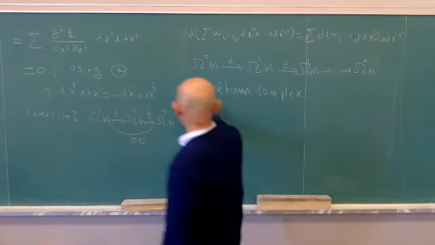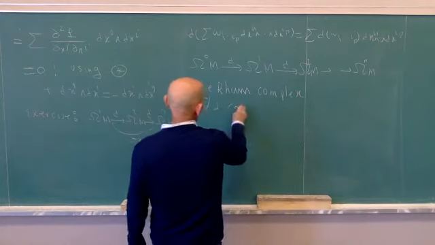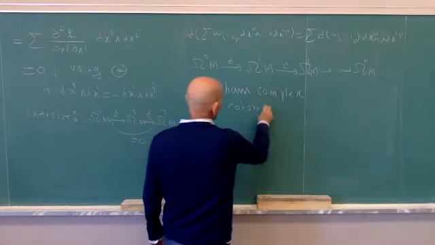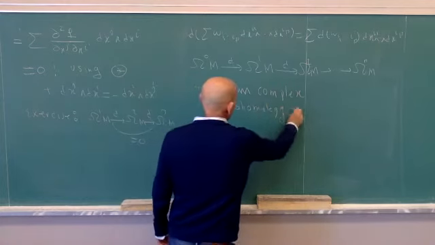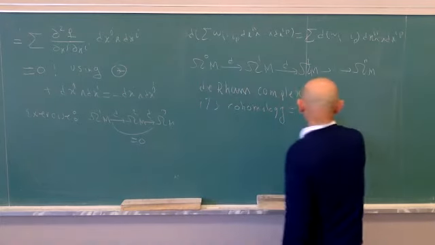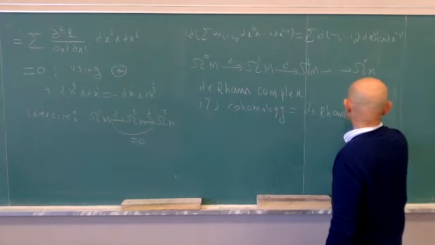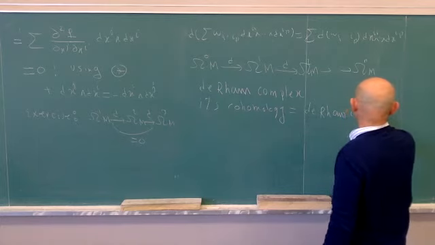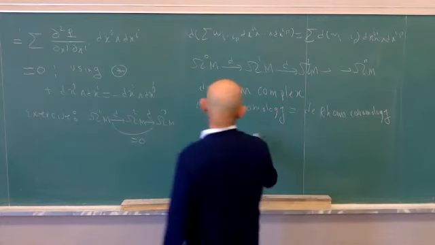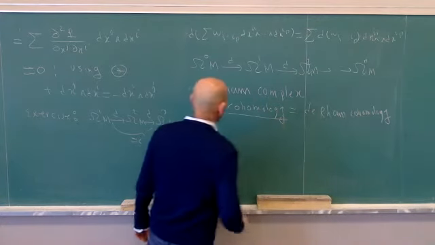So its cohomology is called the de Rham cohomology. The word cohomology is very simple in this case.